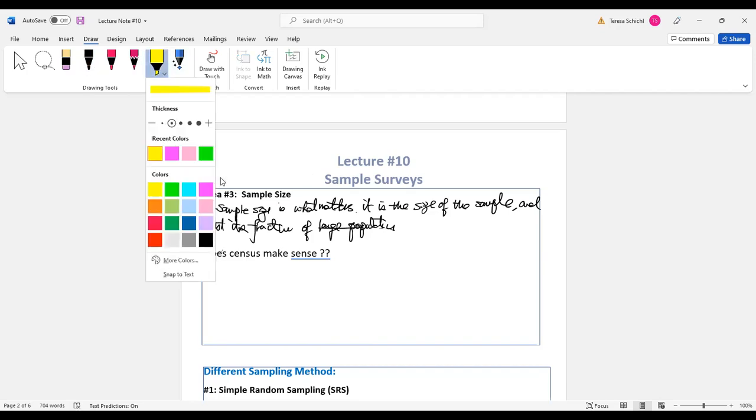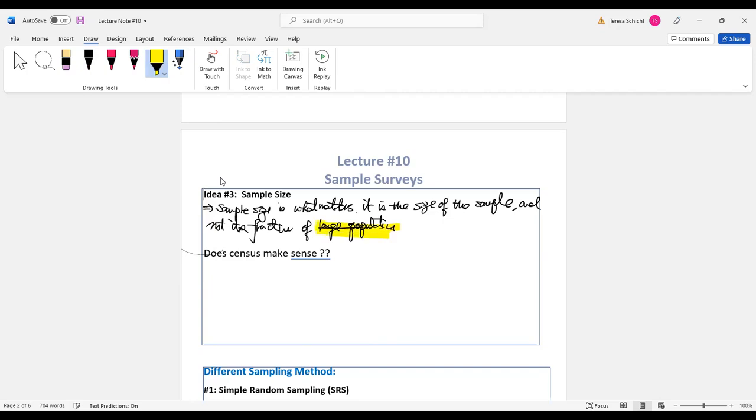When you're dealing with a large population, what we still care about is how many units are in your sample. If you take 30 or 50, it's really not a fraction of the larger population.